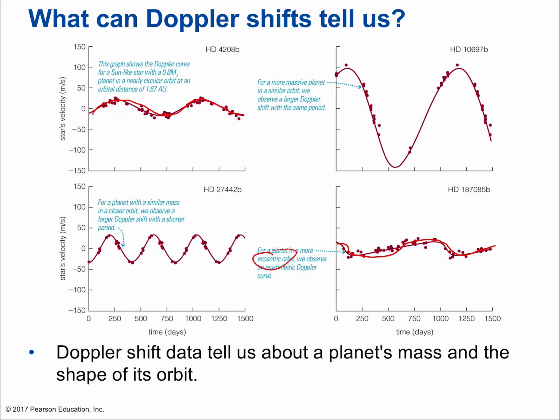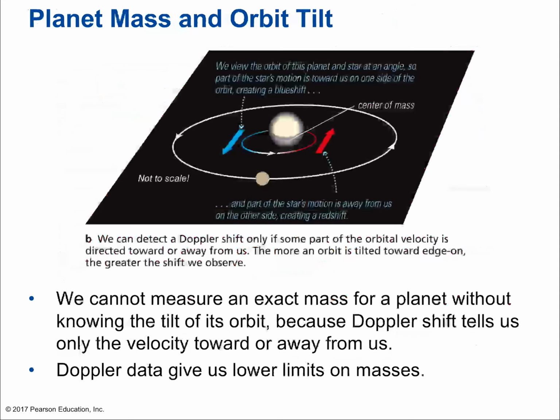And then just looking at the peaks of the Doppler shift tells us about the actual period and about how much force there is that's pulling on the planet. So then we can combine that and find out maybe the mass of the planet.